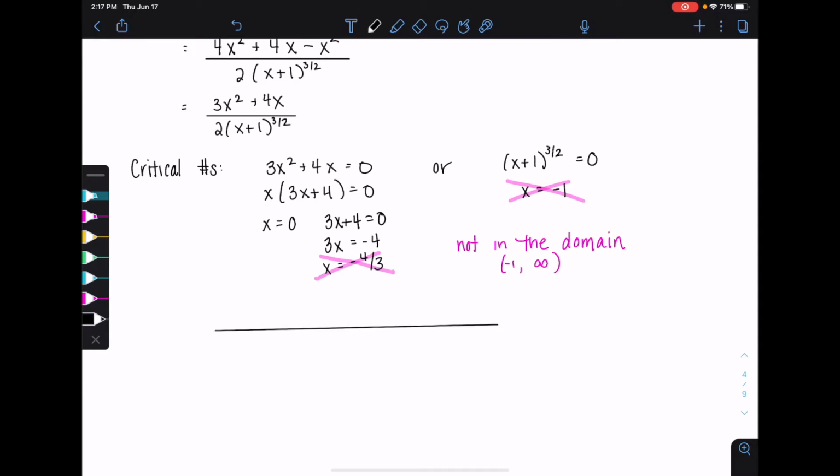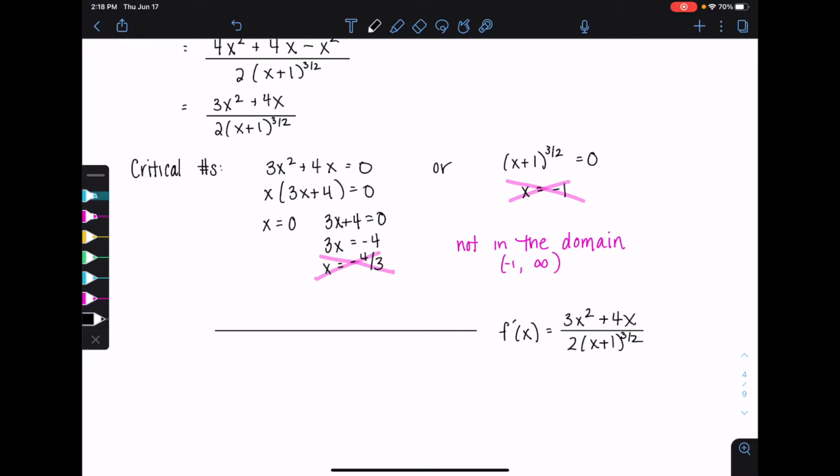So we want to do our interval testing for our derivative, which again is 3x squared plus 4x divided by 2, x plus 1 to the 3/2. My only important number is 0. I'm also going to make a note that I cannot go lower than -1 because of the domain of my function. So I really have 2 intervals to test.